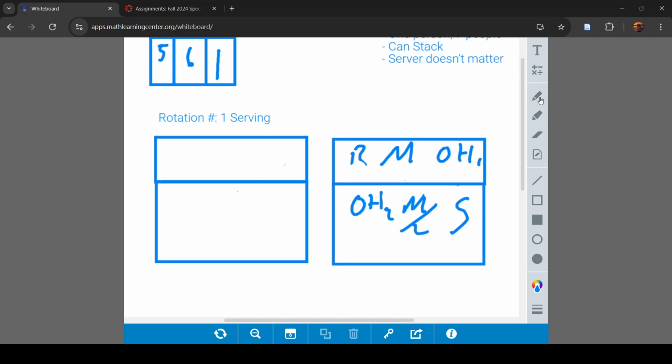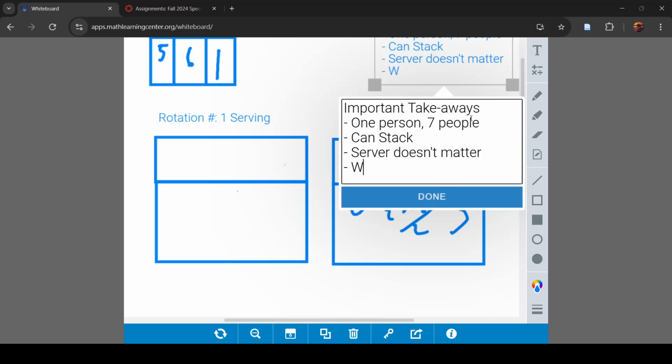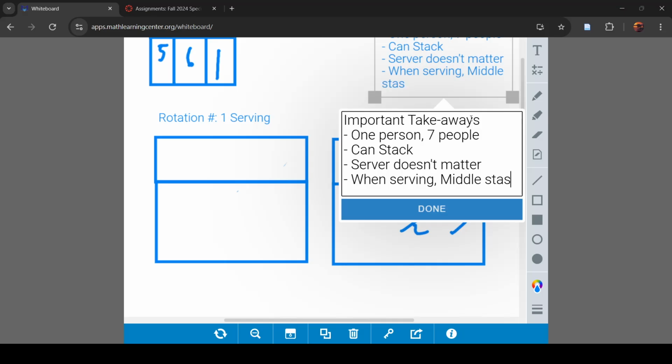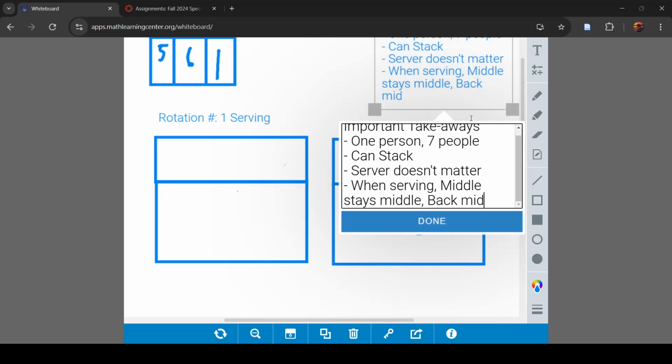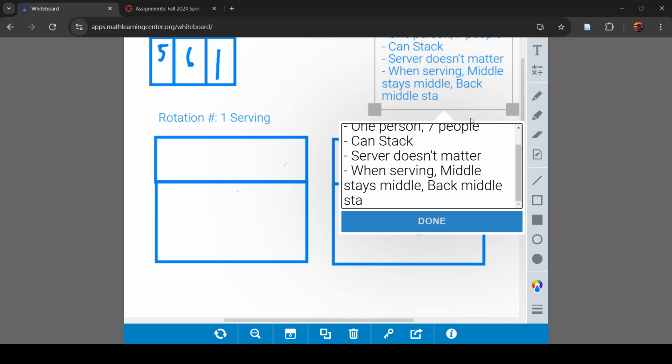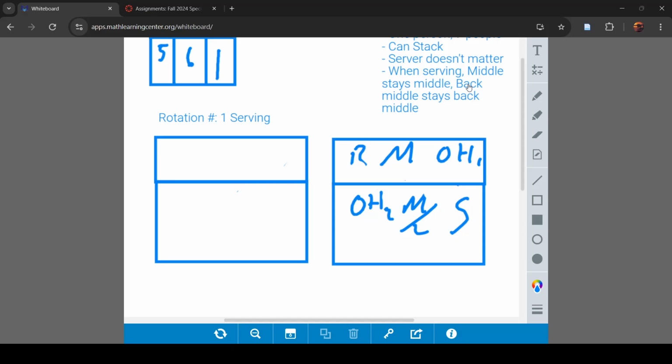Because when we're serving, the middle starts in the middle, the back middle starts in the back middle, everyone else moves around. That is a constant. They just start there.